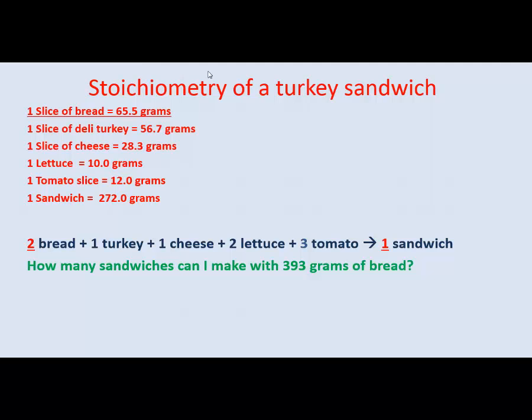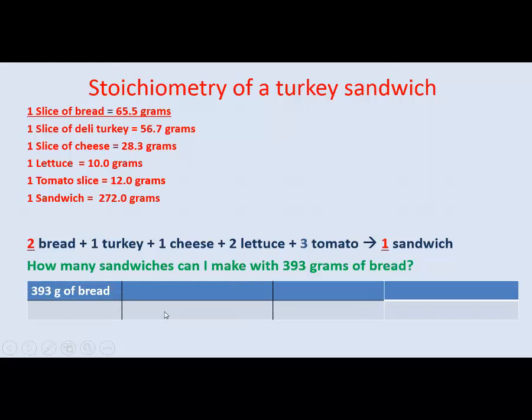And what I'll do is divide by my slice mass to come up with my slices of bread. So 393 grams of bread, if I divide by 65.5 grams of bread for every one slice, which I was given here and I've underlined, then I can find out how many slices of bread that I had. It would give me 6 slices of bread. 393 divided by 65.5 is 6 slices of bread.